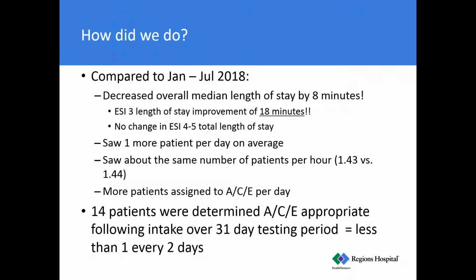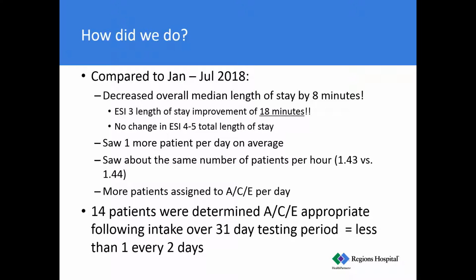One other measure that we evaluated during the testing period was the number of patients that post-intake were reassigned to an AC or E bed. So for that measure, 14 patients were documented as going through an intake process and then were determined to be AC or E appropriate. 2 of those patients remained in Pod D and were treated by the provider.